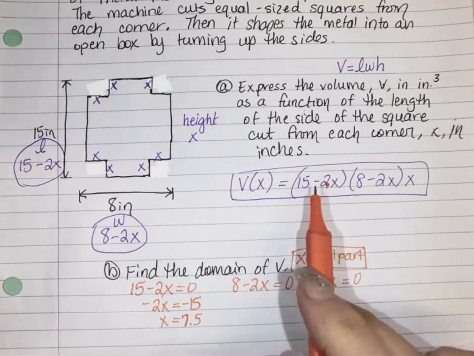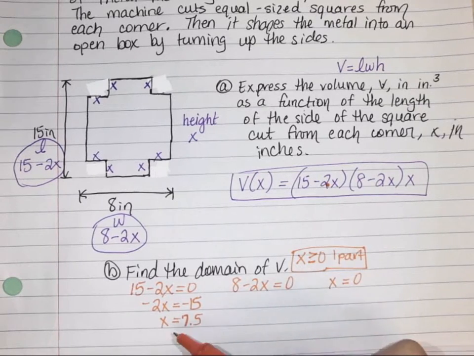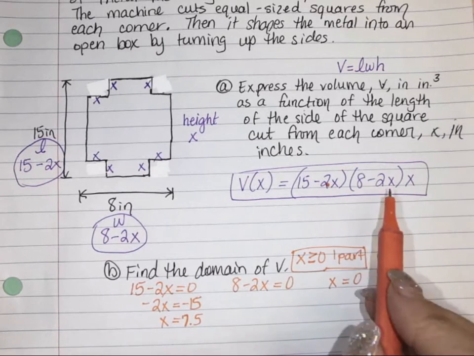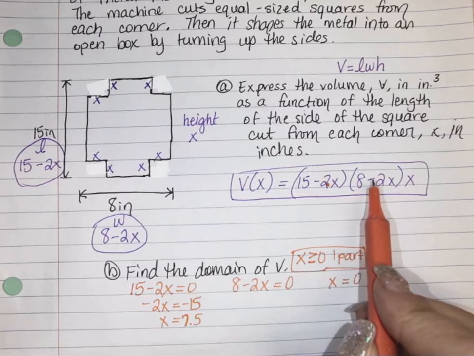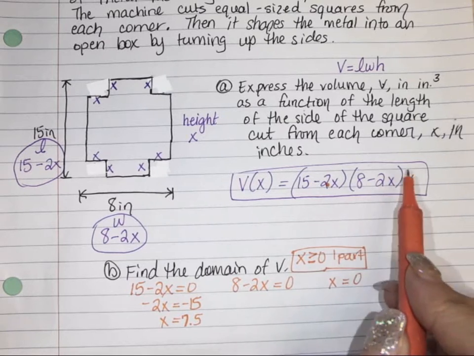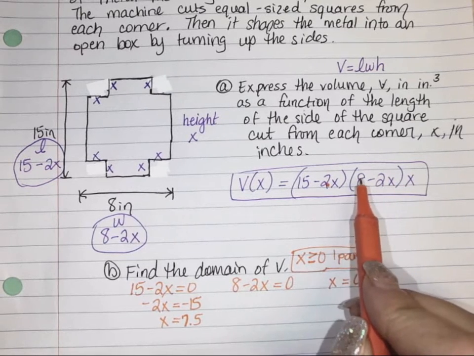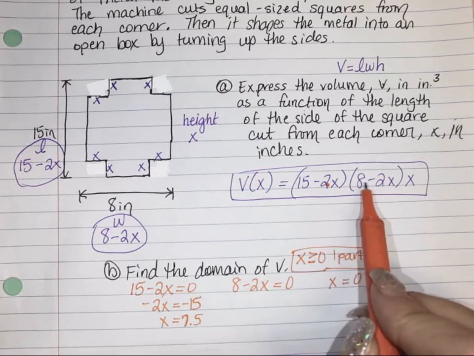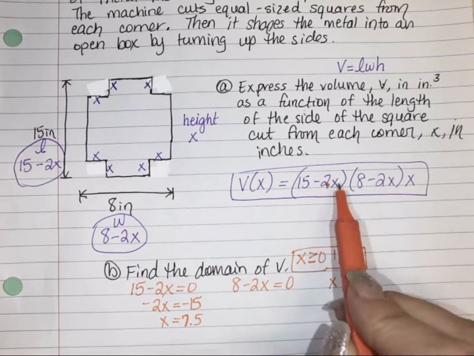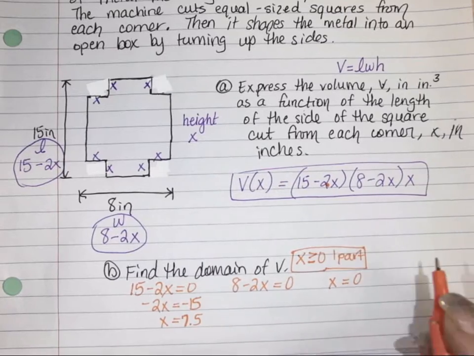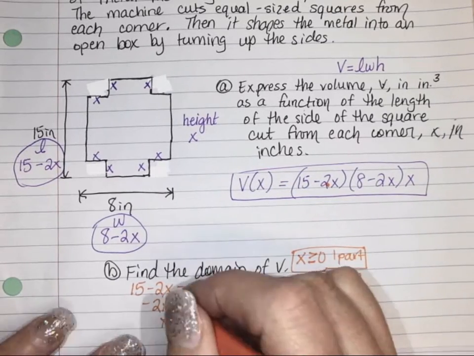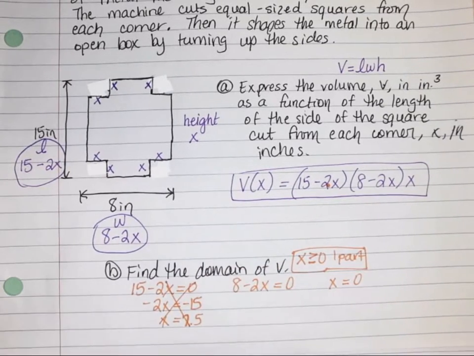But we would determine if it needs to be less or greater than 7.5 beyond that fact. But I want you to look right here. If we plug in 7.5, I'm going to get a decimal that's greater than 8. So if I plug in 7.5 here, I get a negative value. Volume can't be negative. No such thing. So we rule that part out.